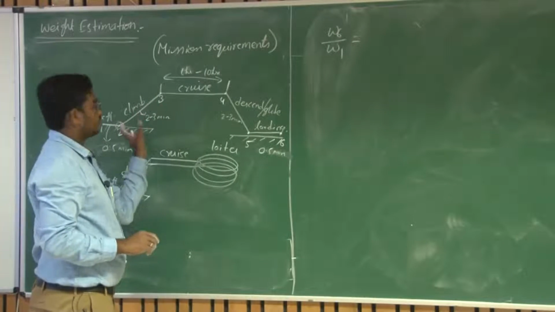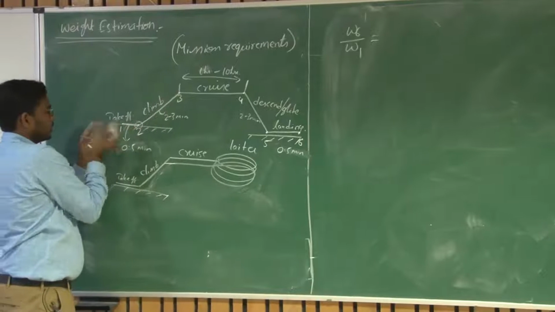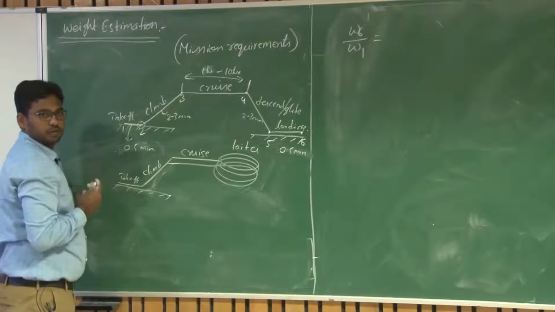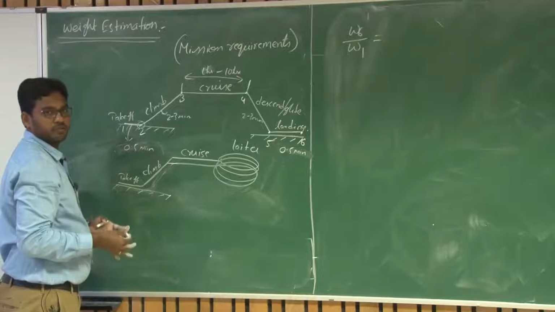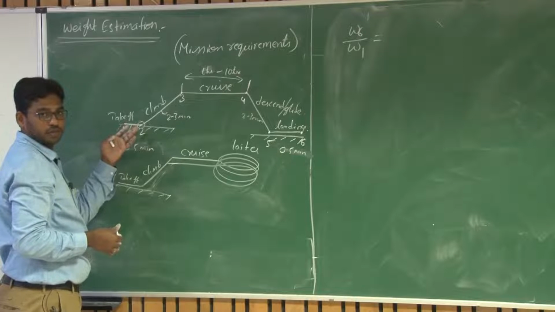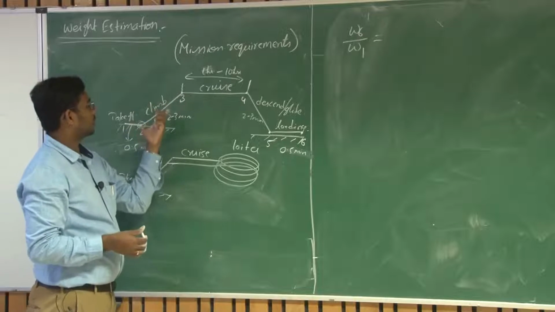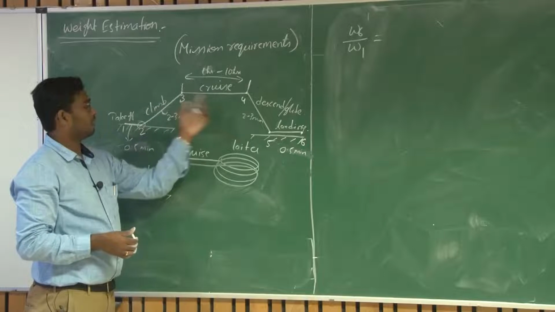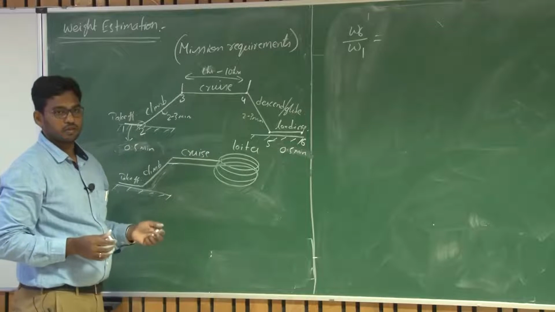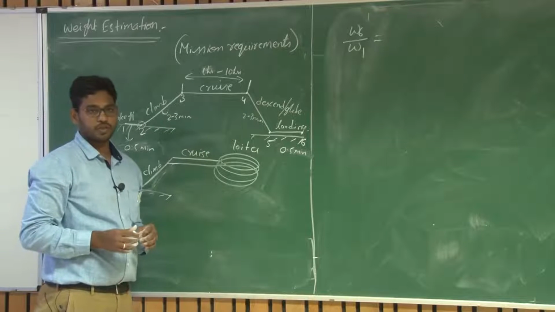So we have various segments here, right. The climb dynamics is completely different to takeoff dynamics. That means the power requirements are different and the fuel consumption is different here. Whereas in cruise, again the dynamics compared to climb and descent are completely different, and so is the fuel consumption.